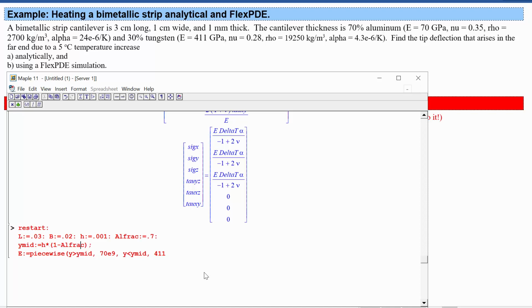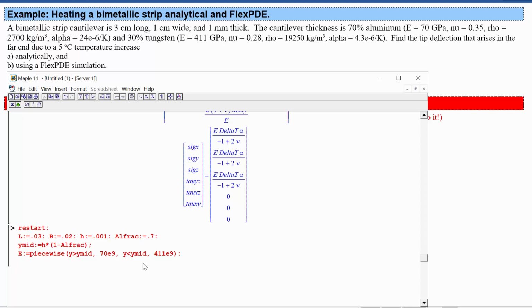Yeah. If the top 70% is aluminum and the bottom 30% is tungsten, then only 30% is going to be below the midpoint. Okay, so that's 411E9, the Young's modulus for tungsten.